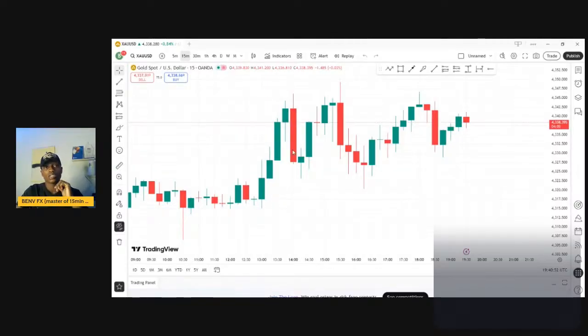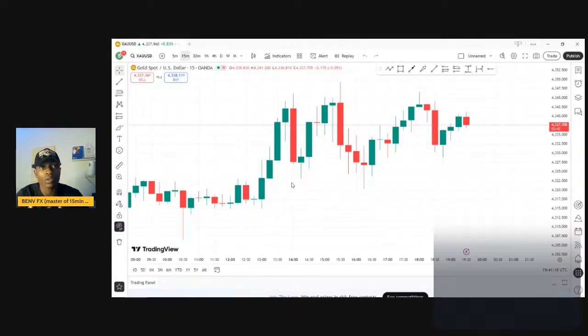So I remain your guy Benv VFX, the master of bullish and bearish engulfing candle. When it comes to bearish or bullish engulfing candle, I study that one to the core.